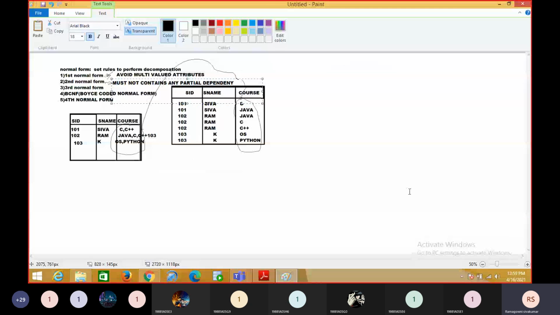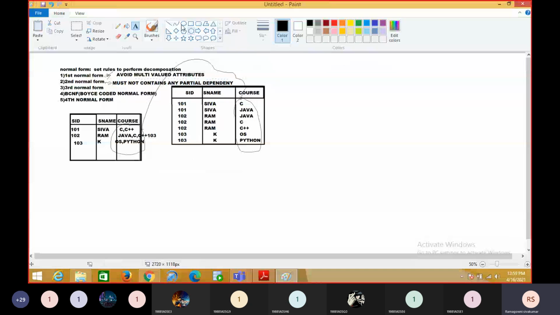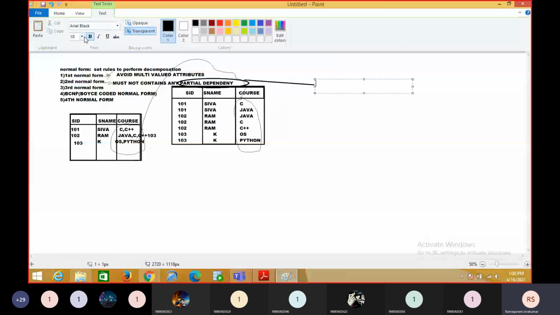Partial dependency means every non-prime attribute must be fully dependent on the candidate key.